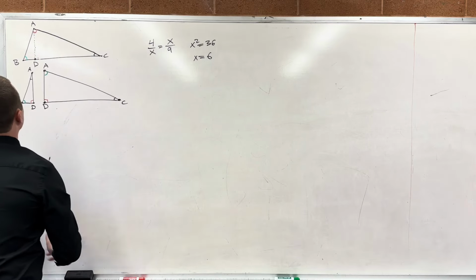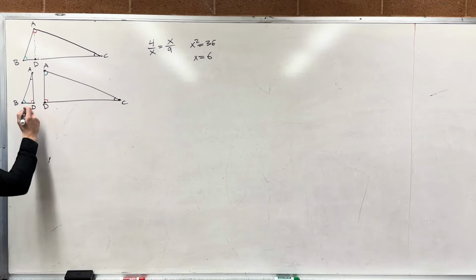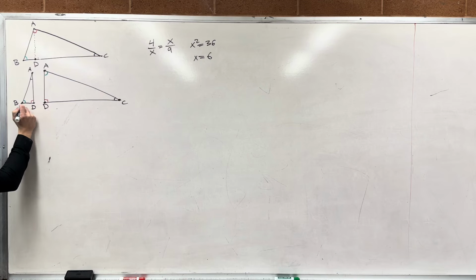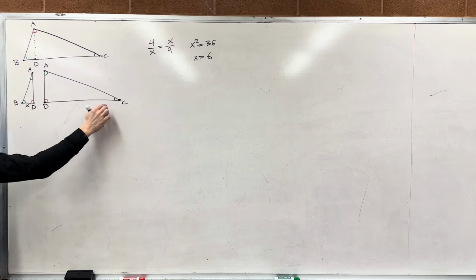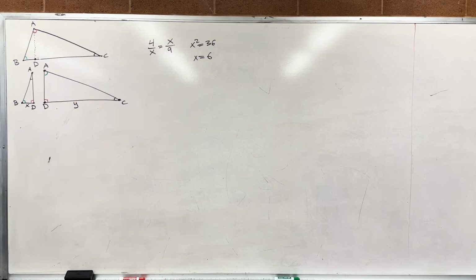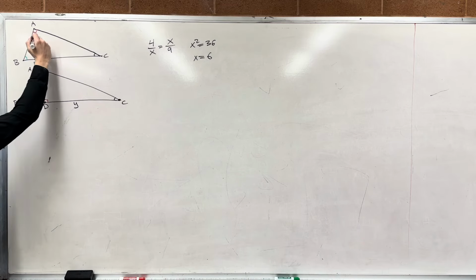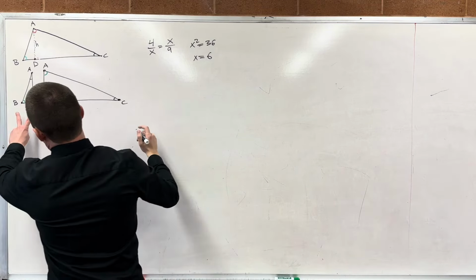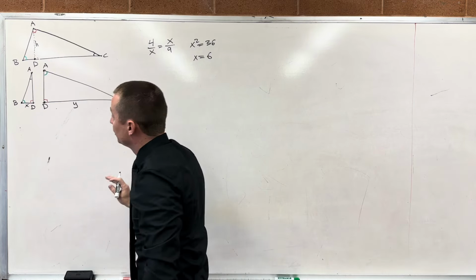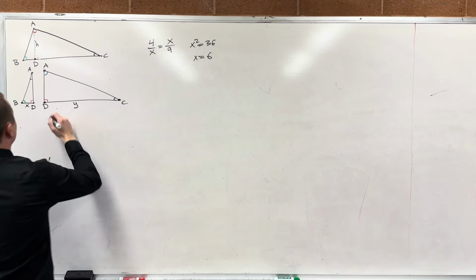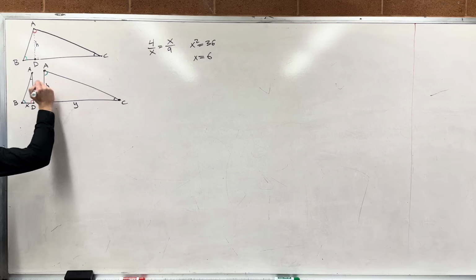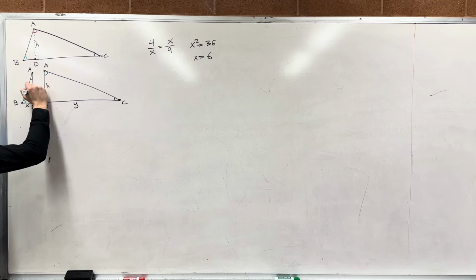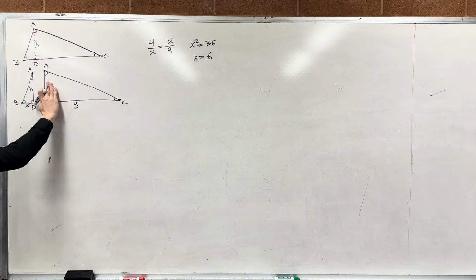Let's really quick come back to this picture. So I'm going to call this distance from B to D x, and the distance from D to C y. You with me? And I'm going to call this altitude h. You with me? So then, since all these triangles are similar to each other, this is h right here, this is h right here, that's h and that's h, maybe you can stick in the middle.